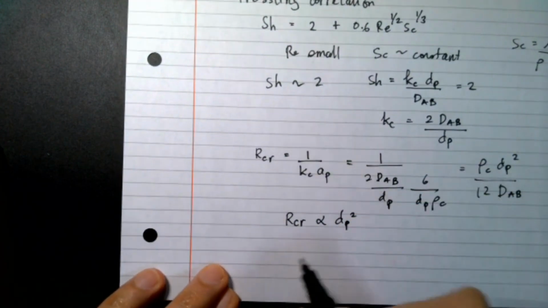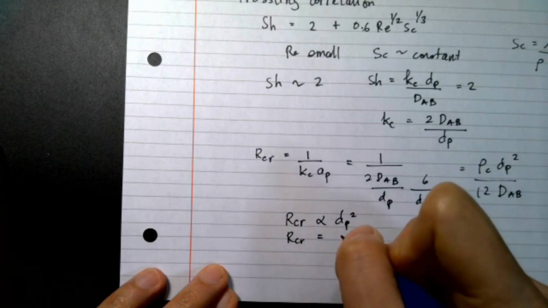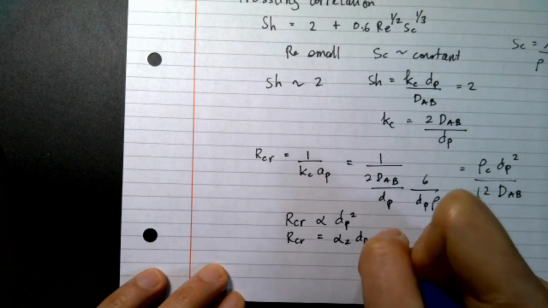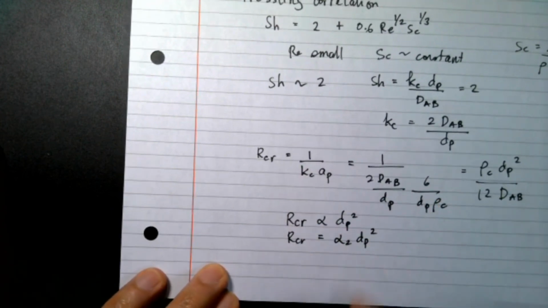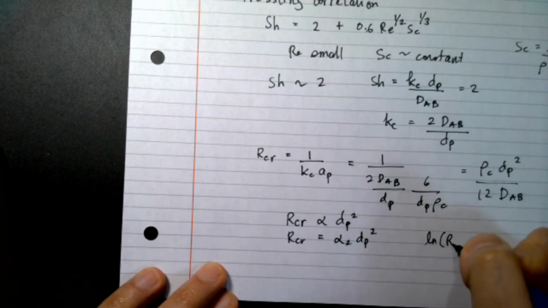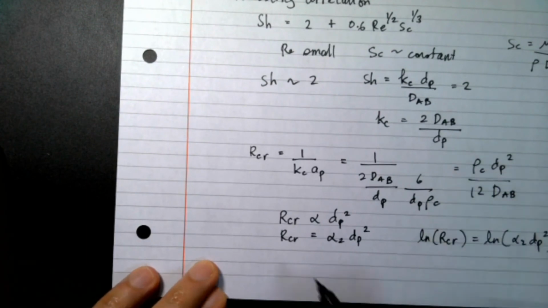So if we convert this into an equal sign, we'll have RCR is equal to some constant, which we call alpha 2, times the square of the particle diameter. And then taking the logarithm of both sides, we'll have log of RCR is equal to log of alpha 2 times the square of the particle diameter.